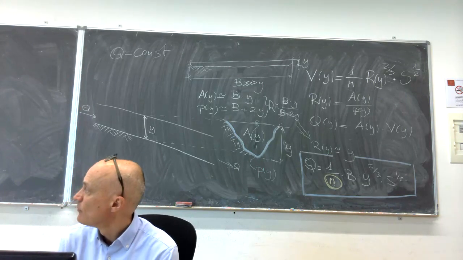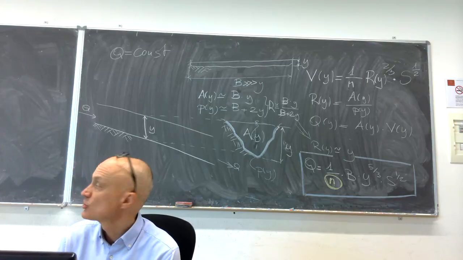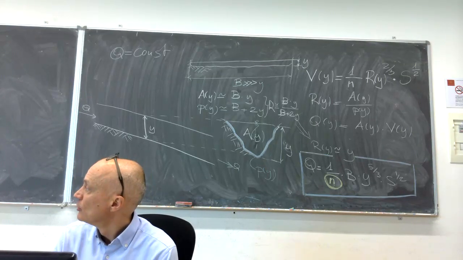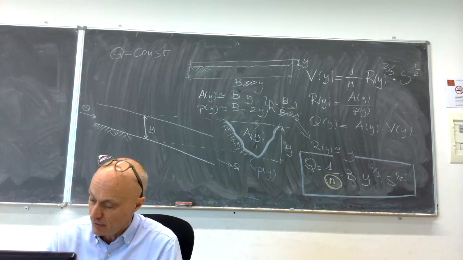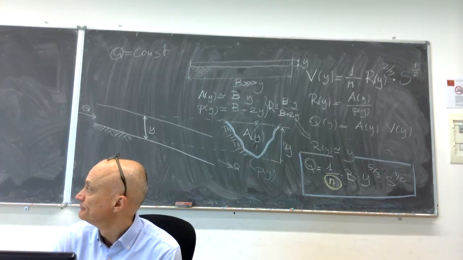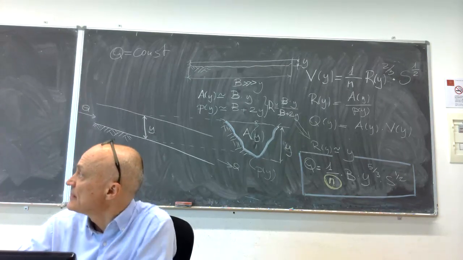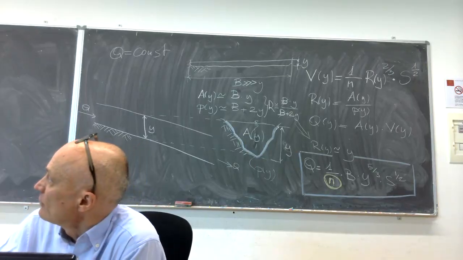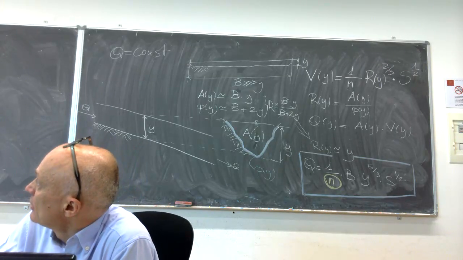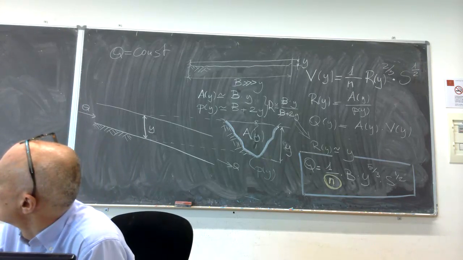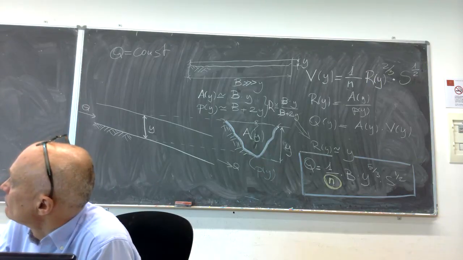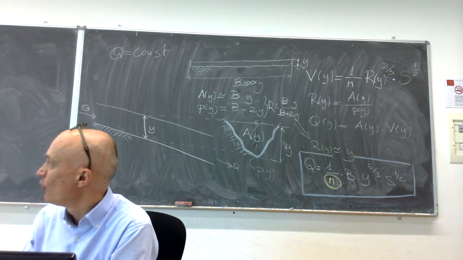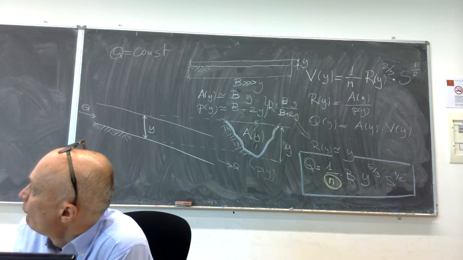So this is the velocity, about 4.5 meters per second. We don't need all those decimals, it's false precision. So 4 meters per second.